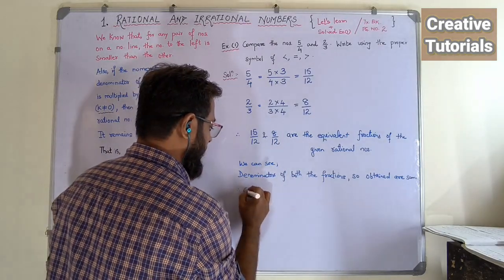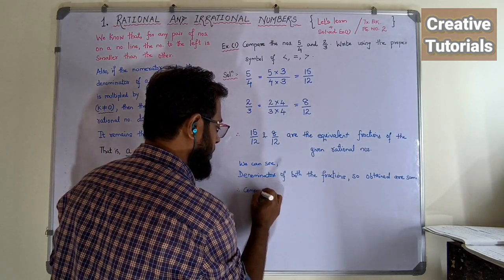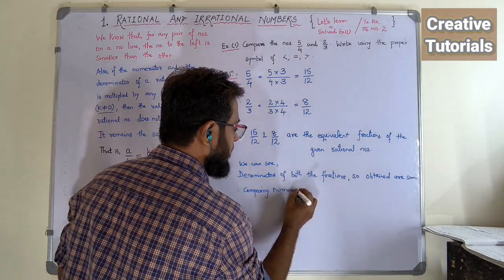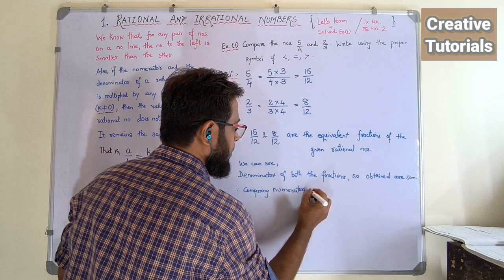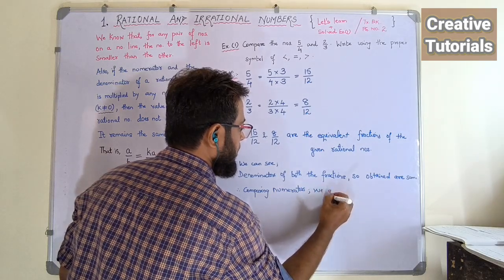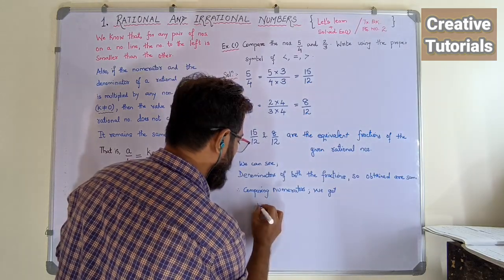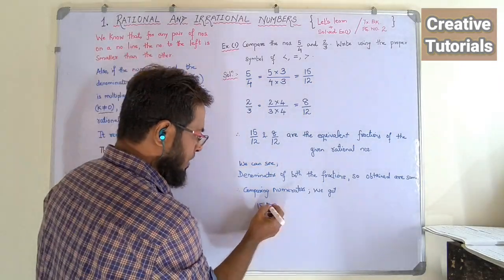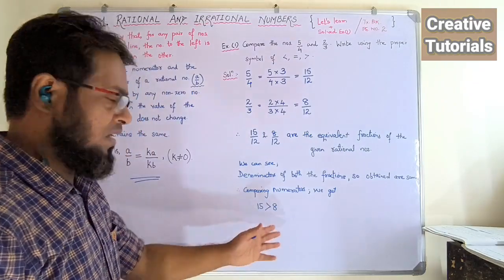Therefore, comparing numerators, we get 15 and 8. So 15 is greater than 8, or bigger than 8.